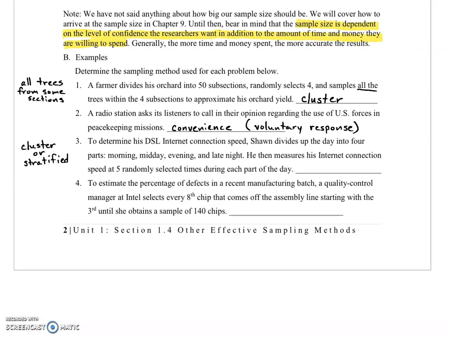Well, he didn't measure his internet connection speed at every time during 1 or 2 parts of the day. He picked 5 randomly selected times during each part of the day. So this is some individuals, being times, from all the different parts of the day, the groups. So this one is stratified.